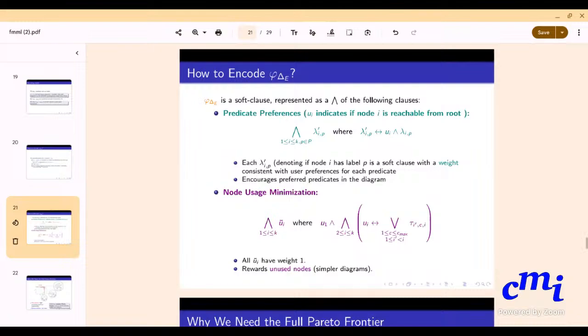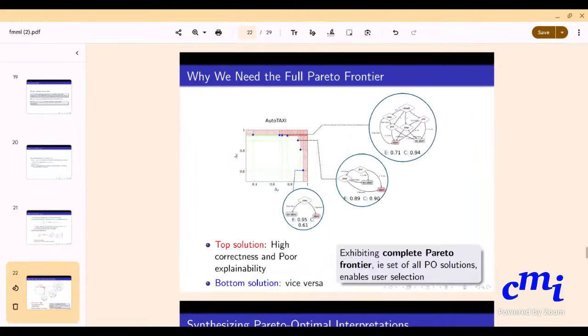Next, there was some example. So basically, now I show why I need the full Pareto frontier. By synthesizing that formula, I can have one solution. But here the top solution has high correctness, and explainability is low.